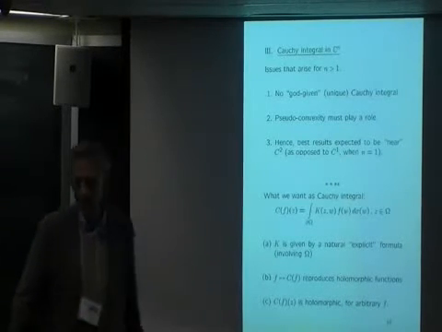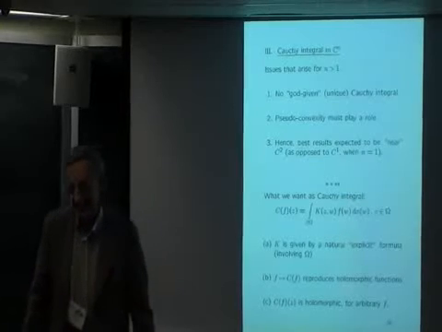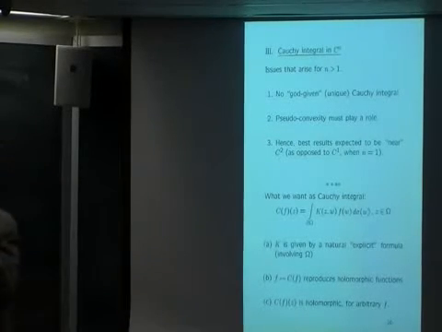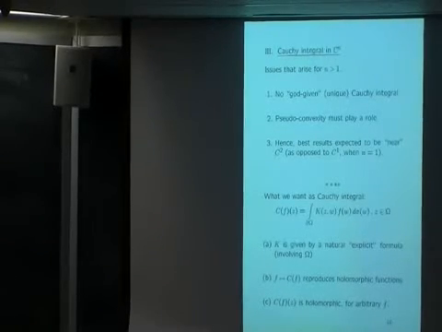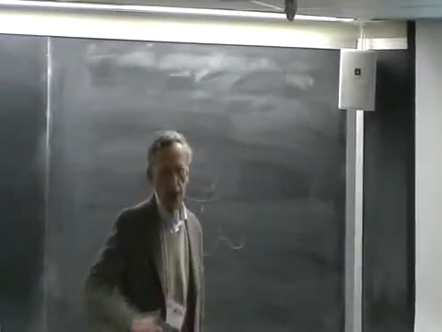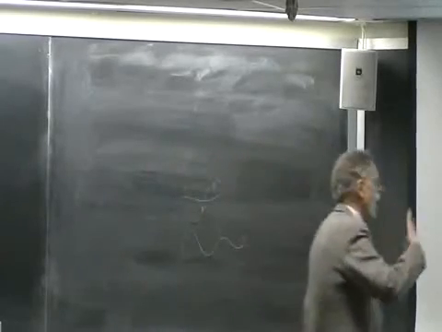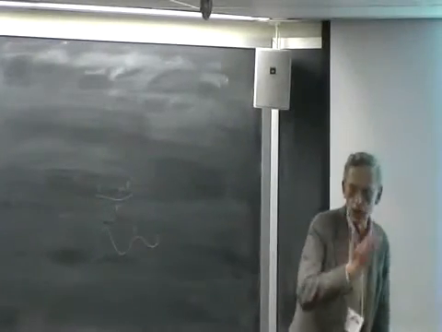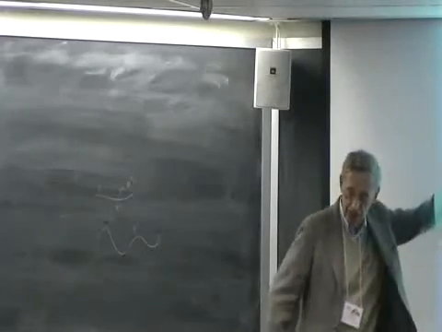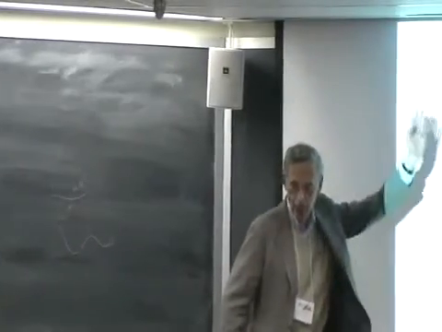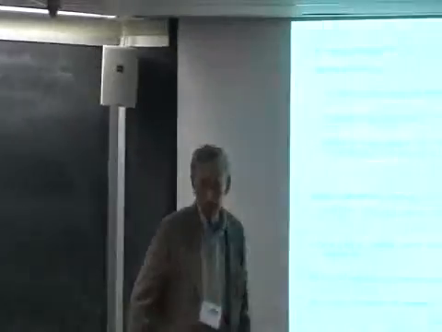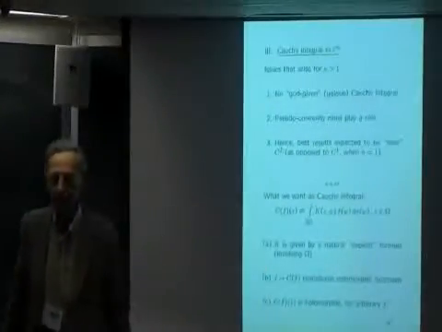Now, if you buy this thing that pseudo-convexity has to play a role, pseudo-convexity is a notion which involves two derivatives. So therefore, this means that our best expected results should be near C2, not near C1, like we have in one complex variable. All right?